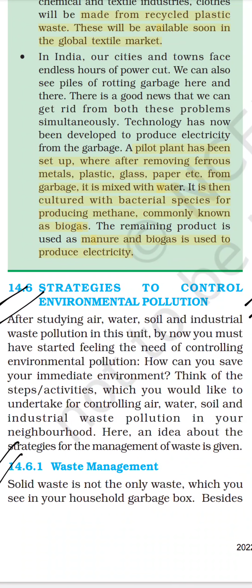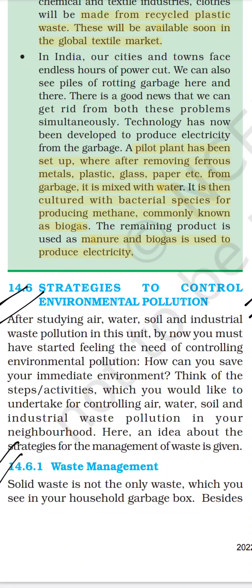Strategy G, to control environmental pollution. After studying air, water, soil, and industrial waste pollution in this unit, by now you must have started feeling the need of controlling environmental pollution. How can you save your immediate environment?